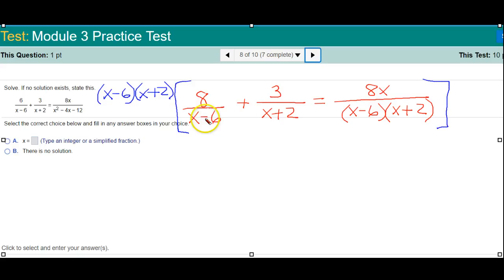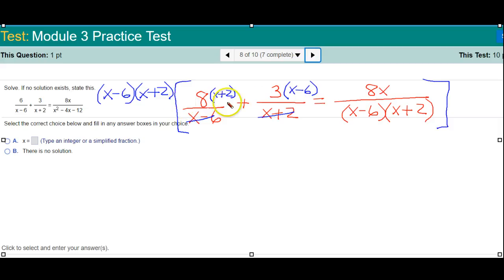So I'm going to cancel this out with this one. So I have to multiply this one by x plus 2. I'm going to cancel this one with this. So I have to multiply the 3 by x minus 6.